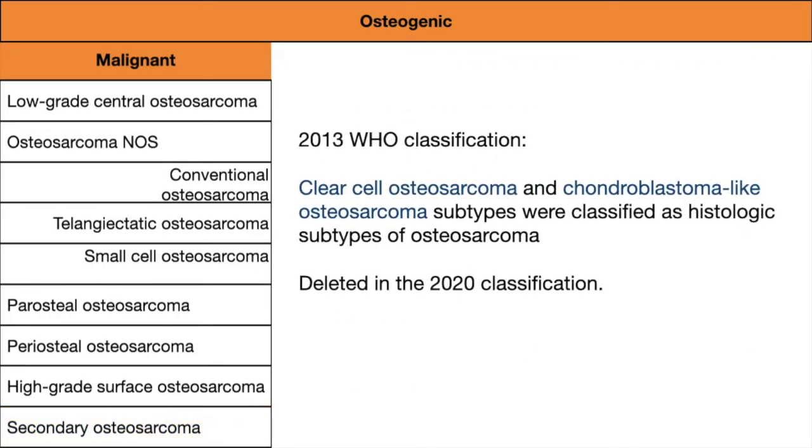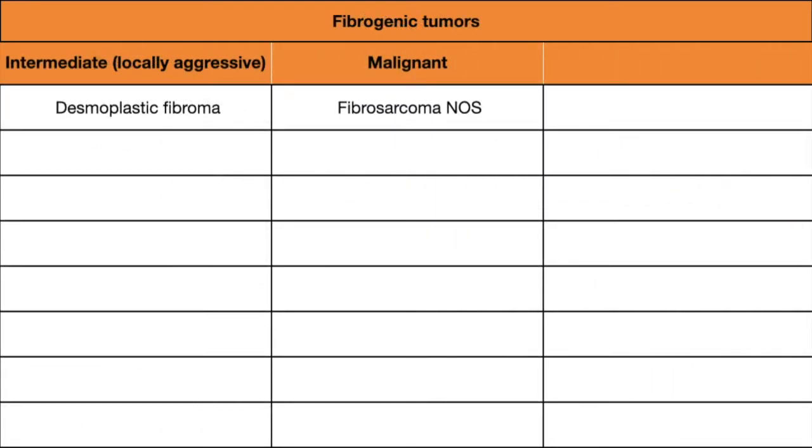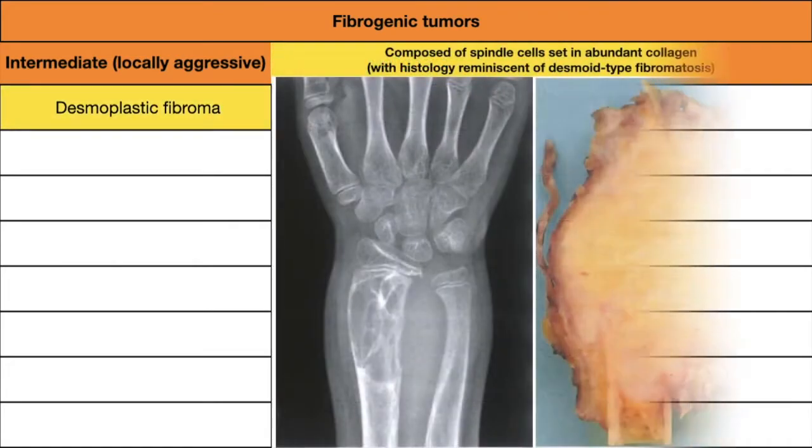The clear cell osteosarcoma and chondroblastoma like osteosarcoma were previously classified as subtypes of osteosarcoma, but these terminologies have been deleted in the 2020 classification. Then we have fibrogenic tumors. They are categorized into locally aggressive and malignant categories.